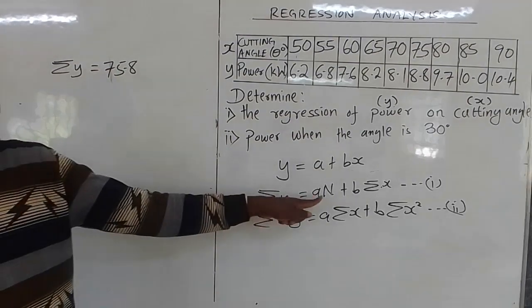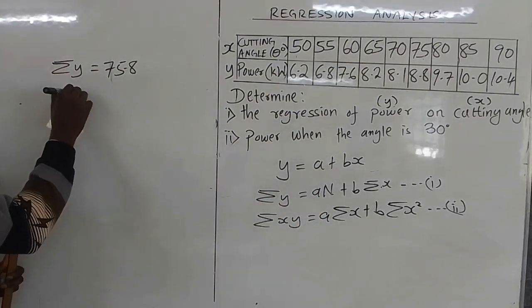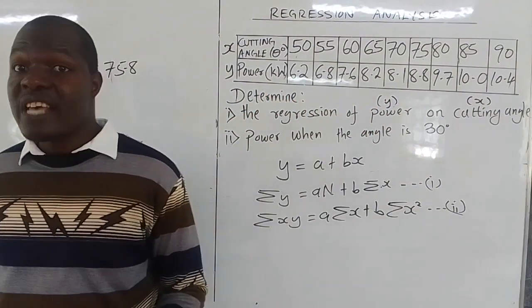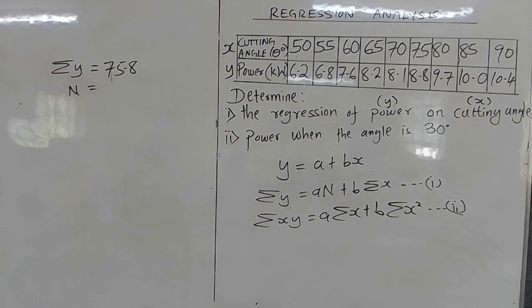Then after that, the next value you are looking for is n, isn't it? What is n? It is the number of these values. Go to statistics: AC, shift, statistics is number 1.